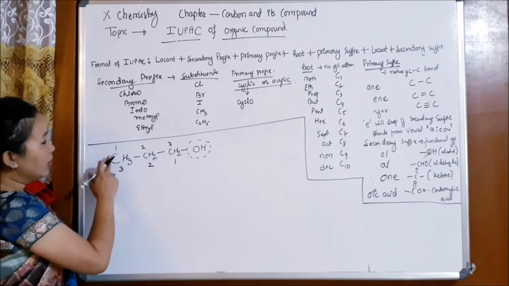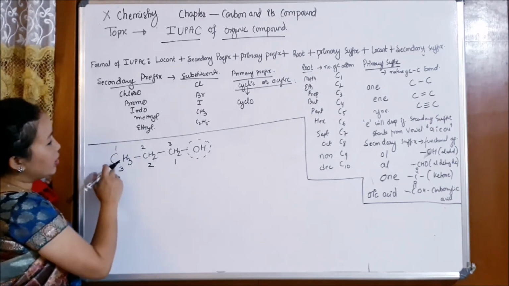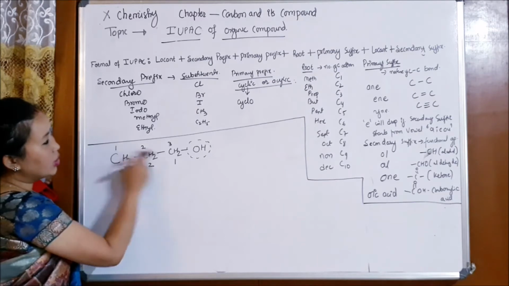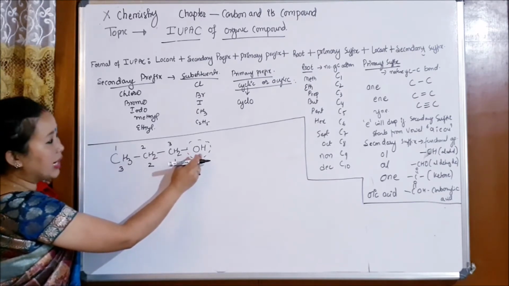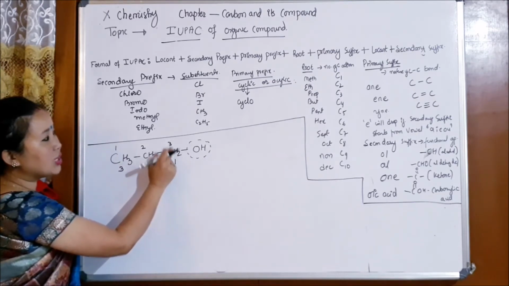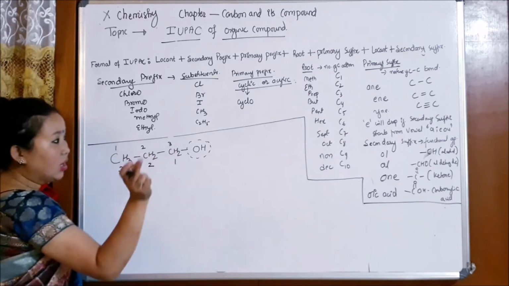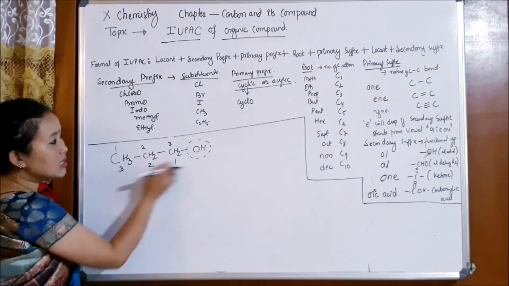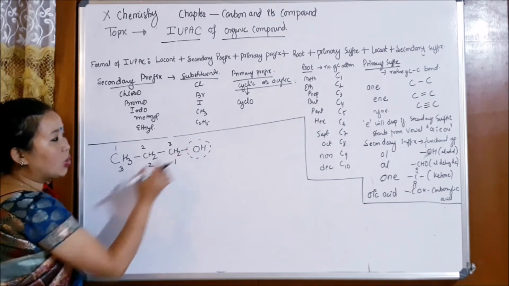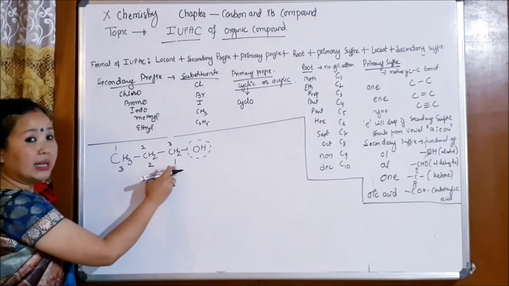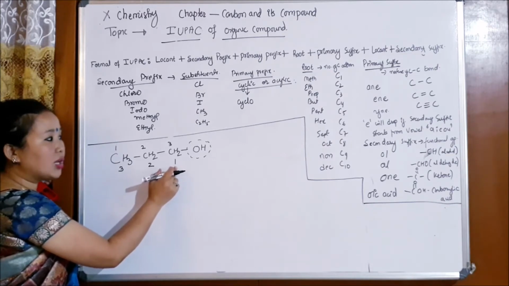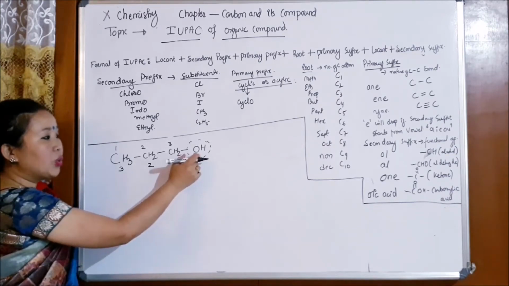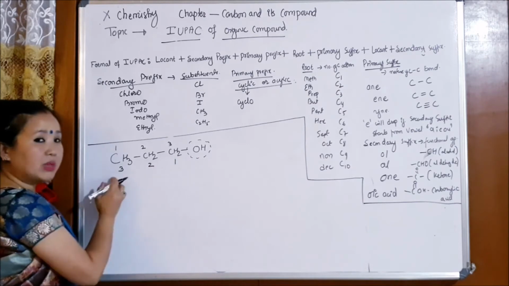When you are numbering from this side, your OH, which is a functional group, gets position 3. And when you are numbering from the other side, the OH group gets position 1. This is the lowest position your functional group gets, when numbering from this side.